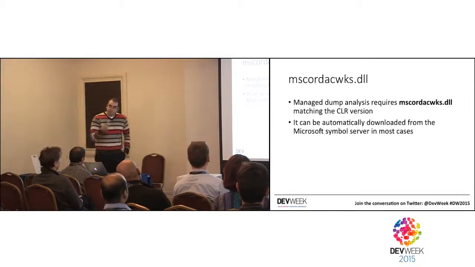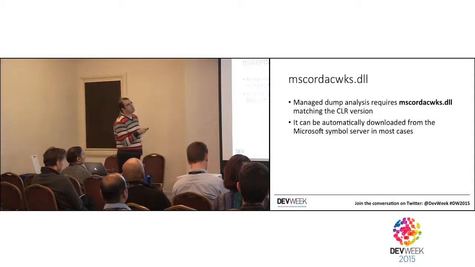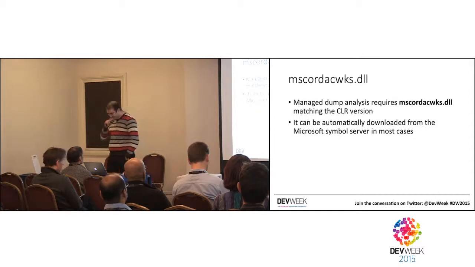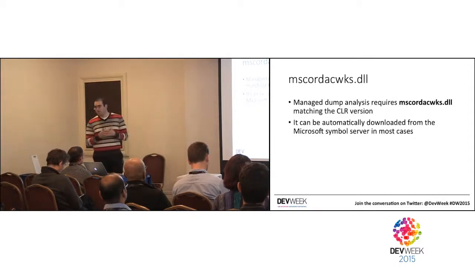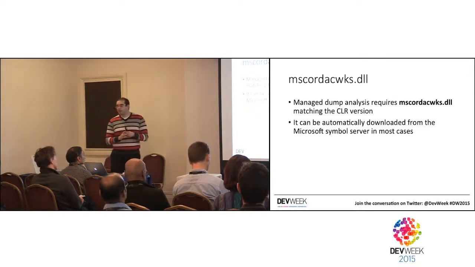So before I can actually start connecting to dump files, analyzing them, and so on, there's just one little technical detail I have to cover, and this is the DAC, the mscordacwks.dll. This is a file which is distributed alongside the .NET framework. So if you have the .NET framework installed, in that folder you also have this DAC file.